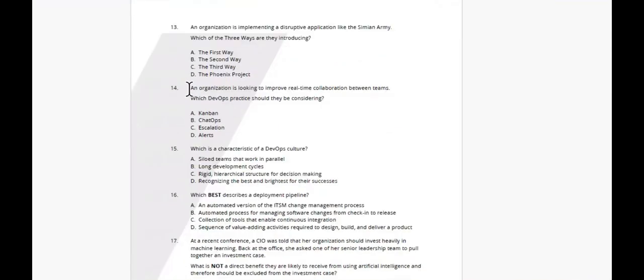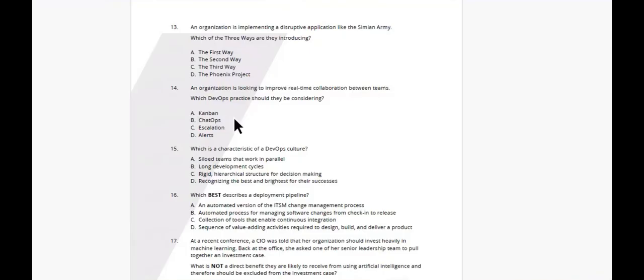Number 14, an organization is looking to improve real-time collaboration between teams. Which DevOps practice should they be considering? We're looking at real-time collaboration between teams. Which practice should they consider? A, Kanban can help with collaboration.